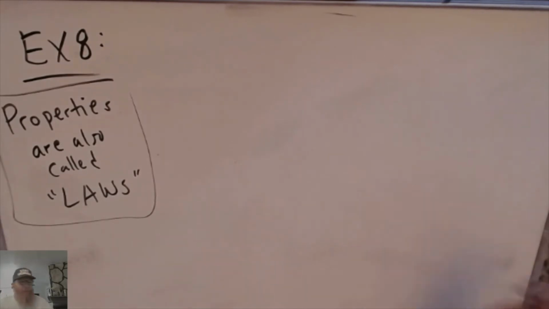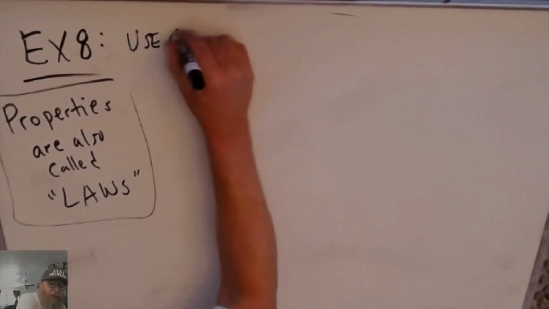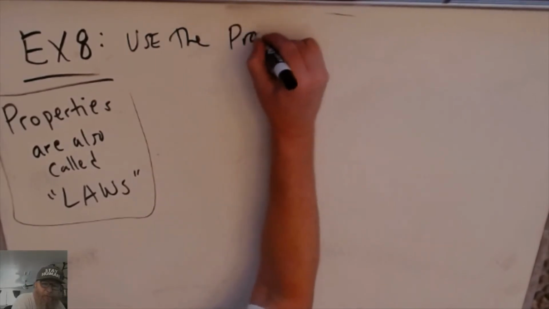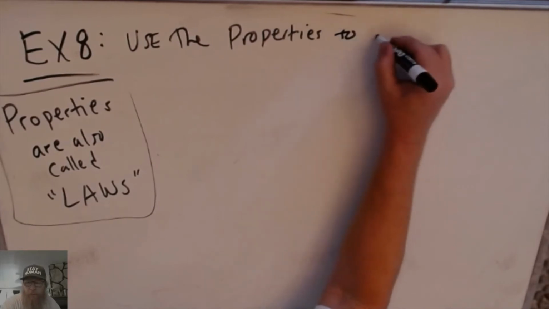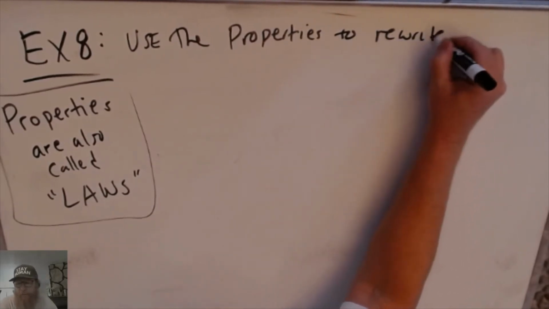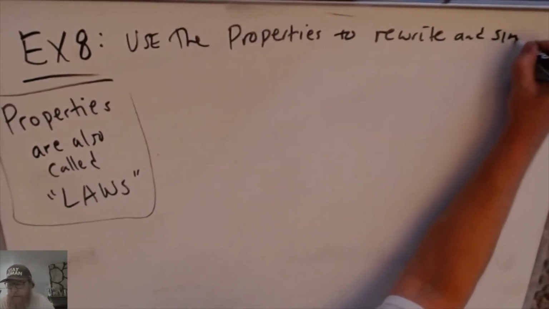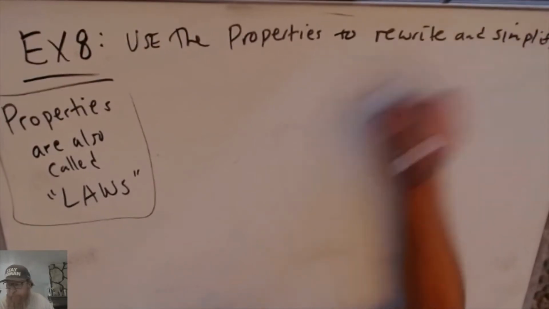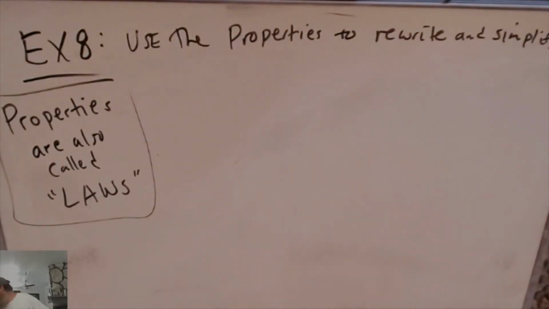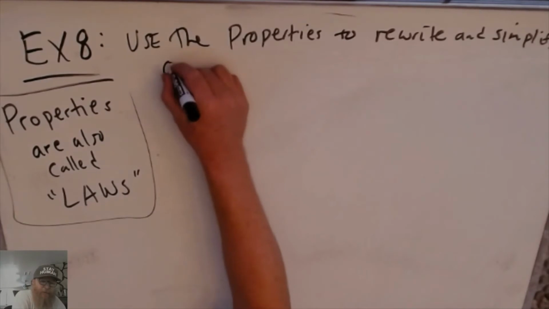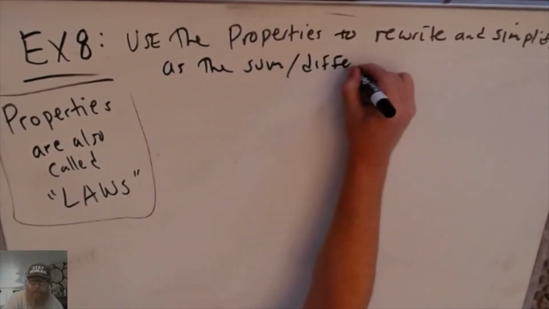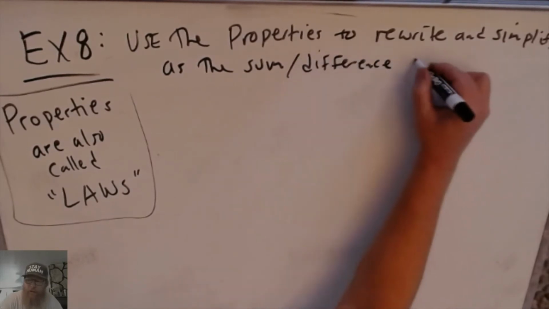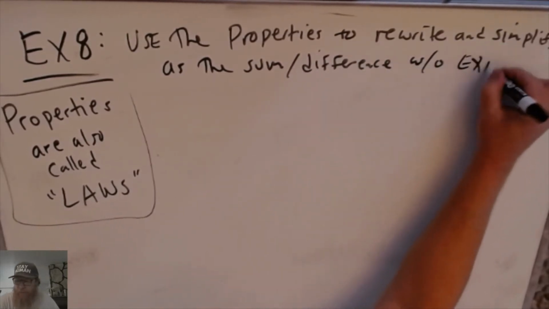Okay. So use the properties to rewrite and simplify as the sum or difference, again without exponents.